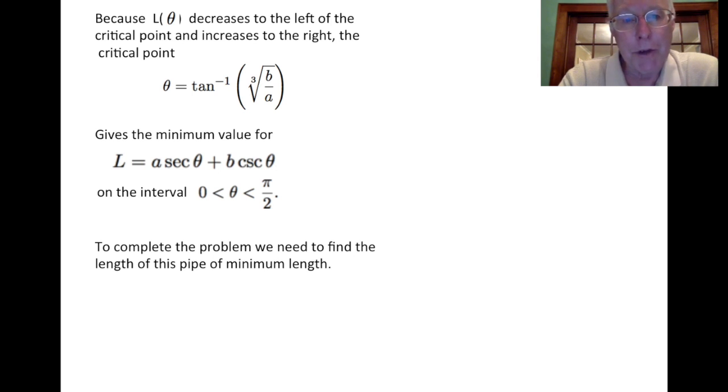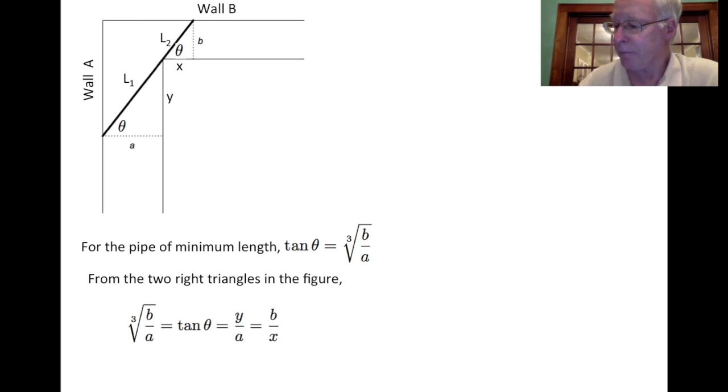So to complete the problem, we just have to find the length of the pipe that corresponds to this minimum length. And that's just a little bit more trigonometry. So we're going to bring the picture back. Here's the picture from which we were working. And we now know some information about theta. Theta is the inverse tangent of the cube root of b over a.